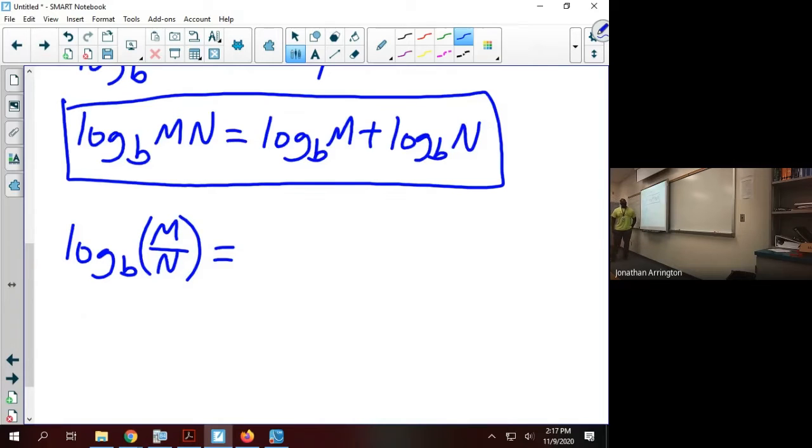Would it be flipped when it's on one side? What do you mean by flip? Technically, m is X, so X will be on top: log base b of n over log base b of m.